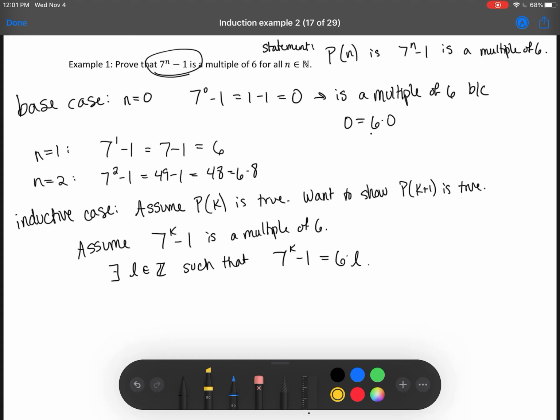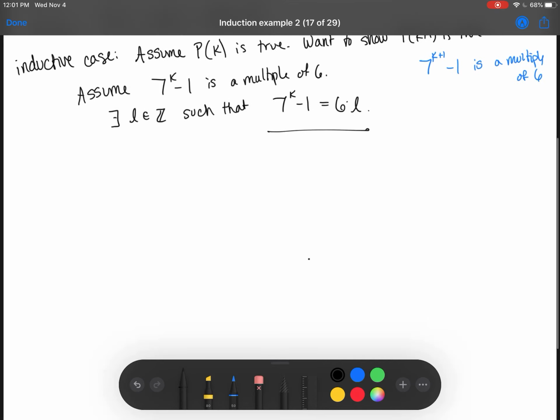Now where can we go from here? What we want to show is that p of k plus 1 is true. Well, what is p of k plus 1? That would be 7 to the power k plus 1 minus 1 is a multiple of 6. So the question right now is, how do we get from 7 to the power k minus 1 to 7 to the power k plus 1 minus 1?